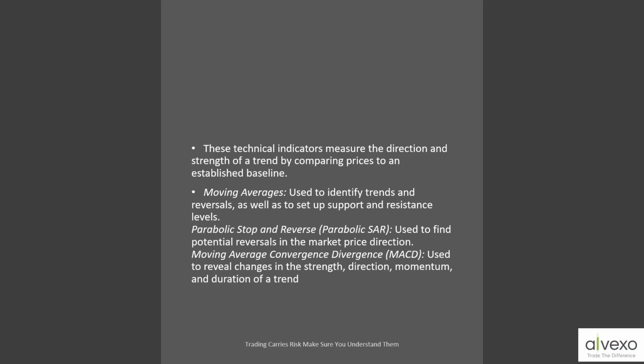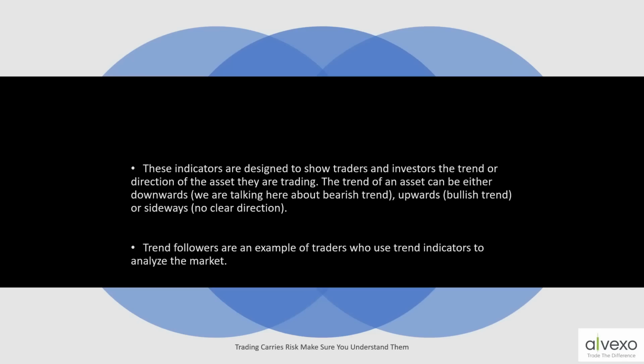Because with moving averages, it takes the noise out of the marketplace, because price bounces all over the place. When you see a moving average, you can see whether the trend actually exists. So moving averages are used to identify trends and reversals, as well as to set up support and resistance.